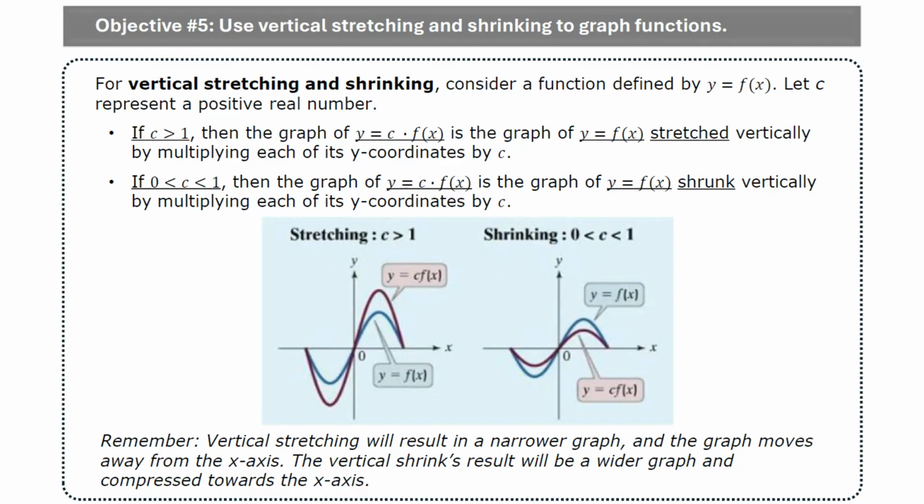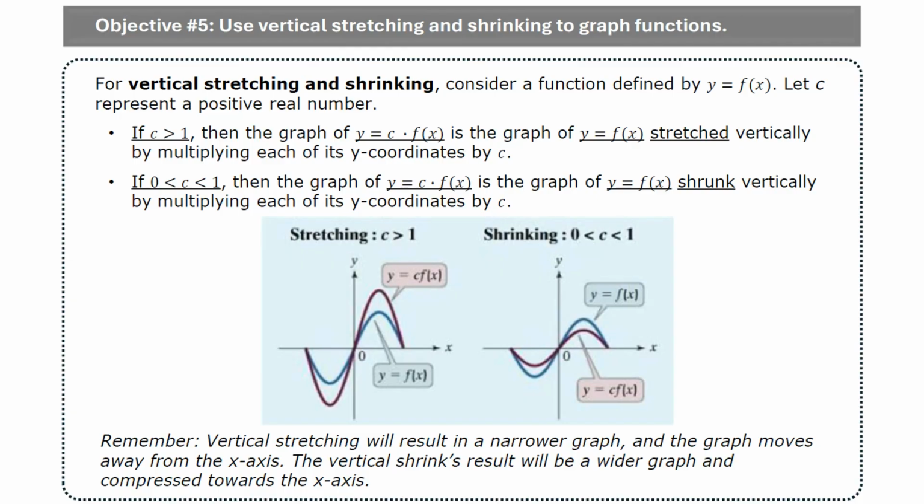Now, if c is greater than 0 but less than 1, then the graph of y equals c times f of x is going to be the graph of f of x shrunk vertically by multiplying each of its y coordinates by c.